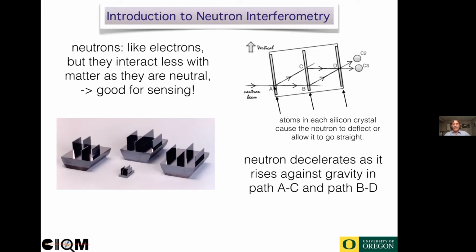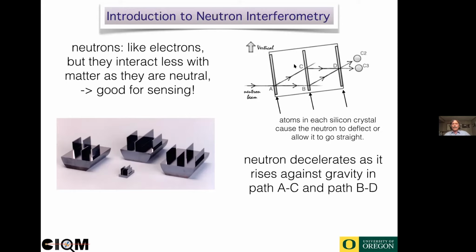But the diffraction caused by the array of atoms can cause the neutron to deflect at a very well-defined angle, say, 20 degrees. Or the neutron also has a certain probability to go straight through without deflecting. If you put two detectors here, you'll see about a 50-50 probability that the neutron will be deflected or not deflected. So this acts like a beam splitter for neutrons.